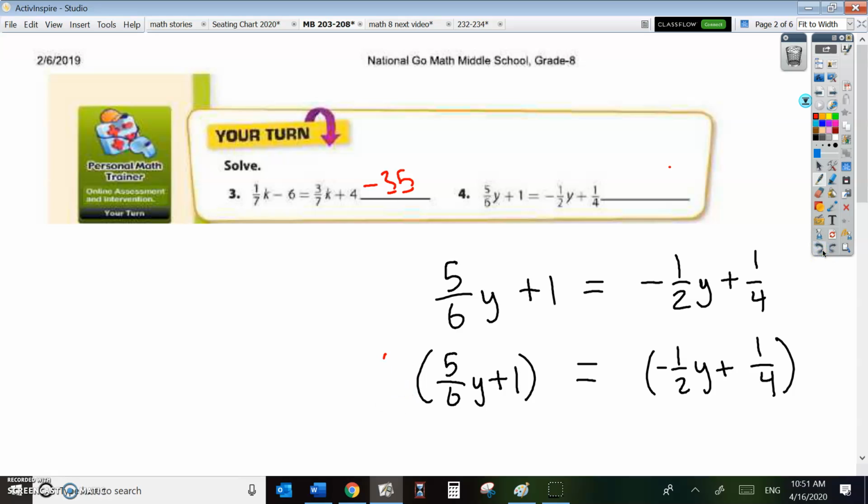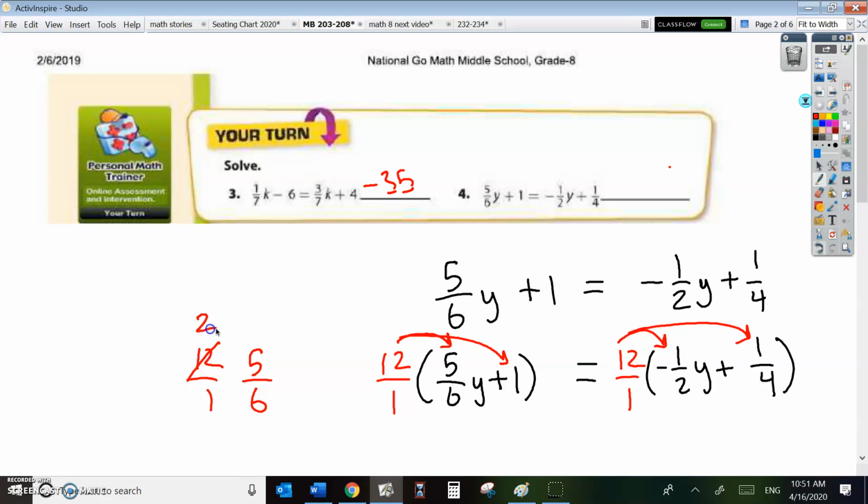Make it a fraction. 12 over 1, 12 over 1 here, and then distribute that. So 12 over 1 times 5 over 6, you're going to cancel the 12 and get 2, and cancel the 6 and get 1. 2 times 5 is 10, so it's going to be 10y.